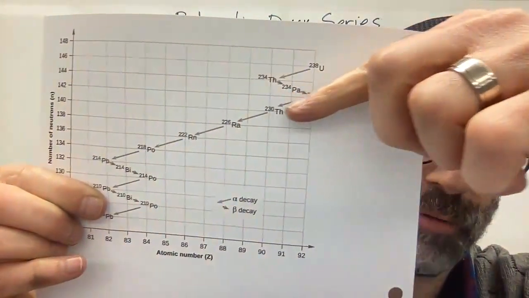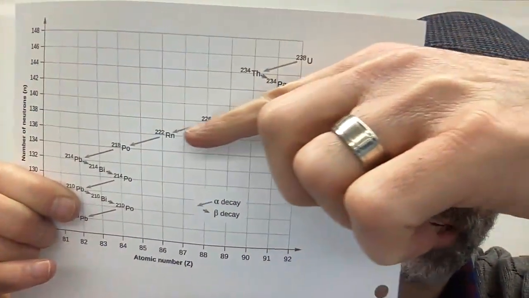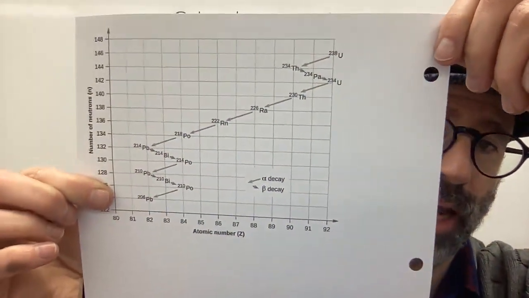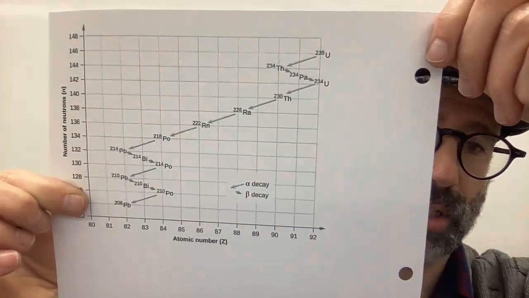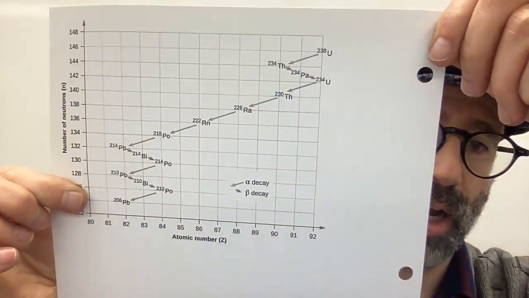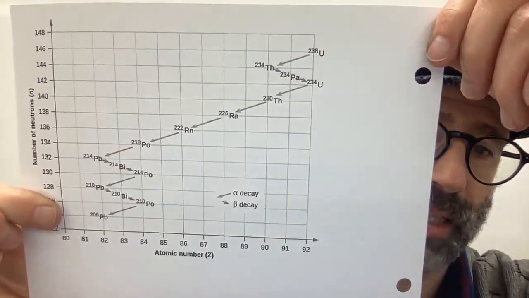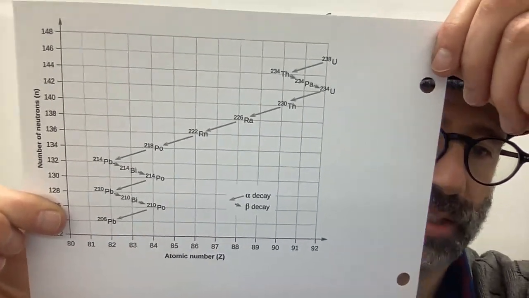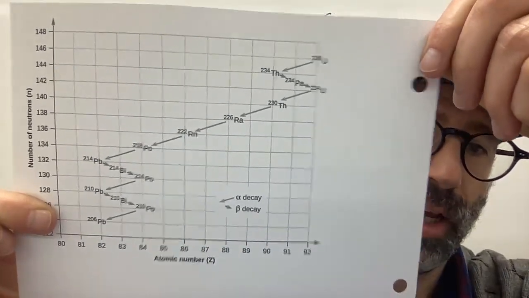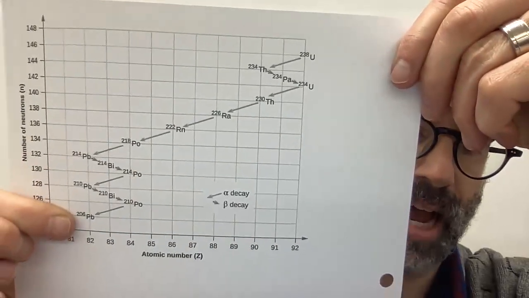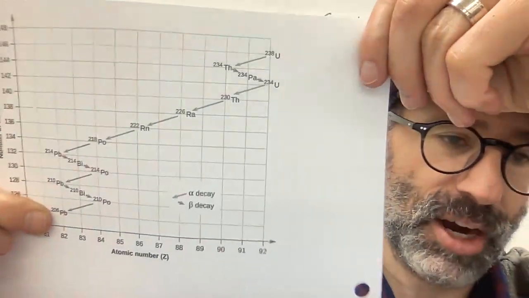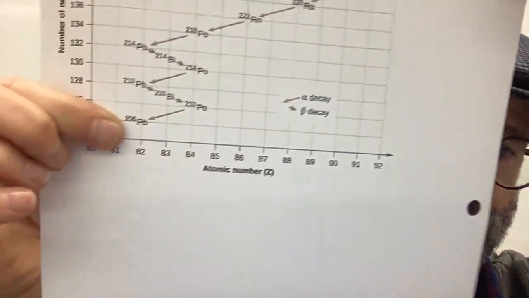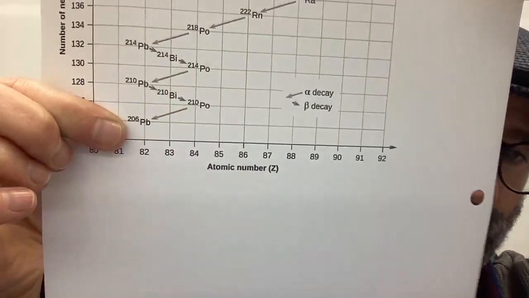You can see here alpha decay, alpha decay, alpha decay, and so on. You can see how uranium 238 goes through this long series of beta and alpha decays. There are also gamma radiations going on during this process, but we're ignoring those. Finally, down here at lead 206, that's where it stops.